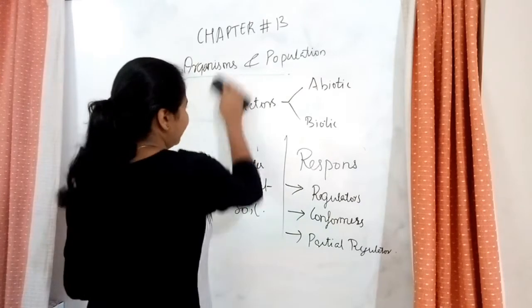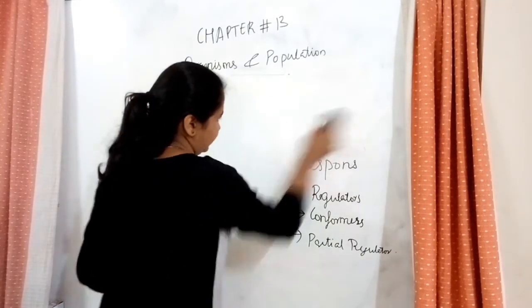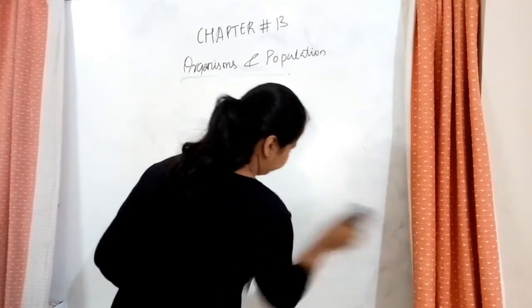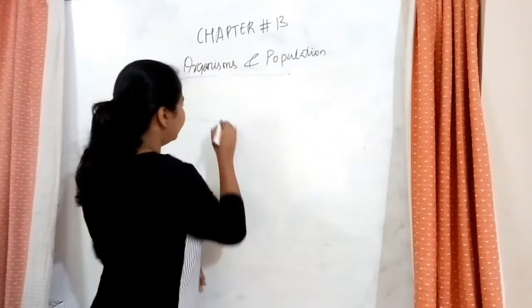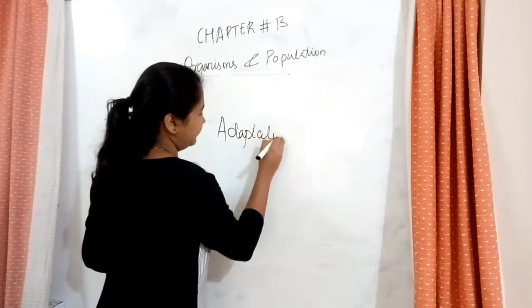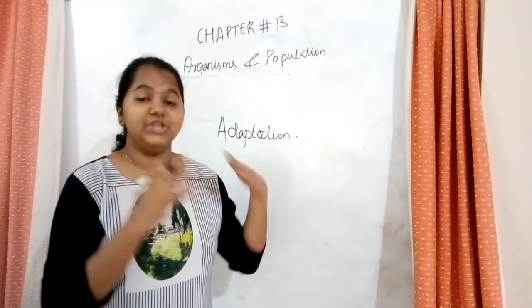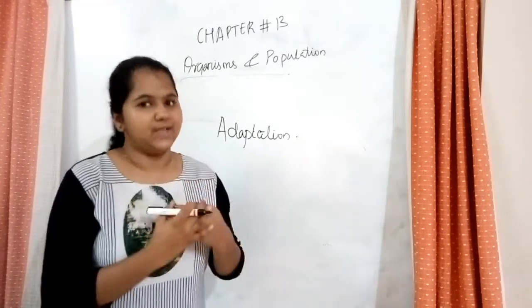So over here, what are we going to learn? Today's topic: the first thing is what is adaptation. Adaptation is the ability of an organism to adjust to its surroundings as well as reproduce young ones.